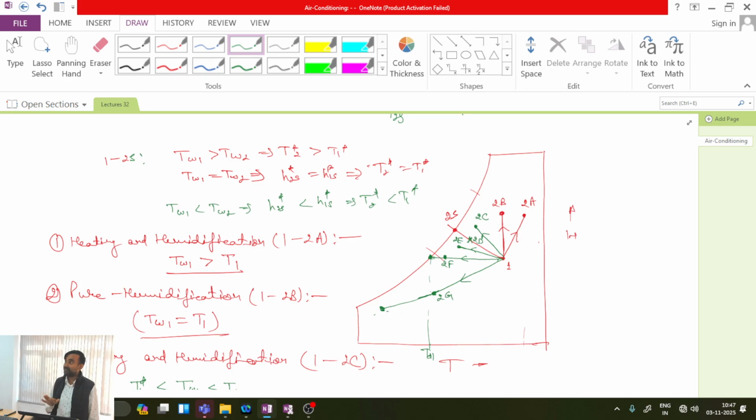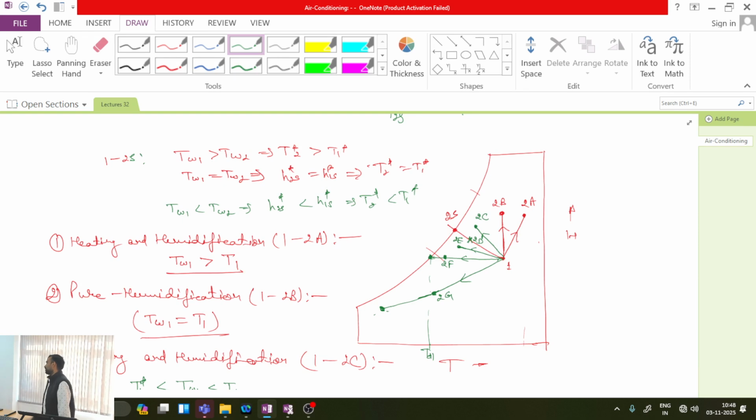Whereas the purpose of an air washer is what? To control the state of the moisture. So the purpose of the cooling tower is to cool the water, and the purpose of the air washer is to control the state of the air. But the overall mechanism is the same, because there also water is sprinkled from the top and then air is allowed to come in contact with that.